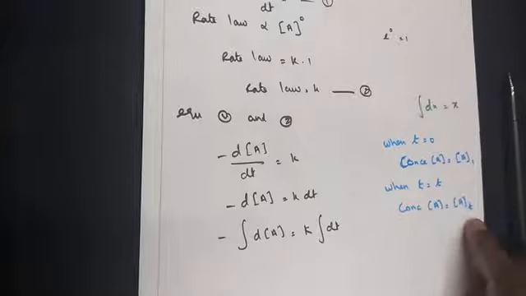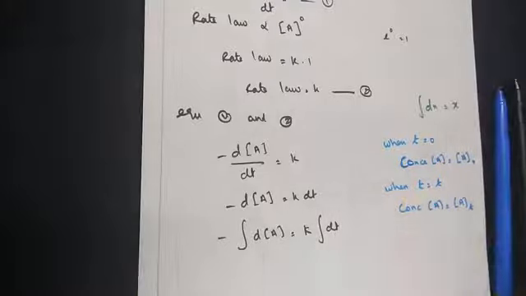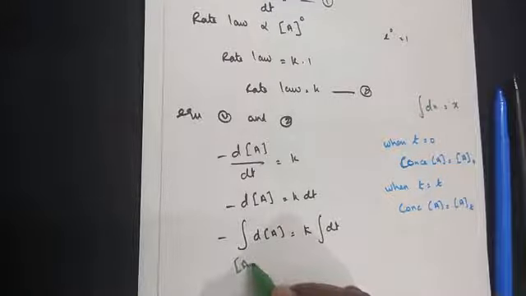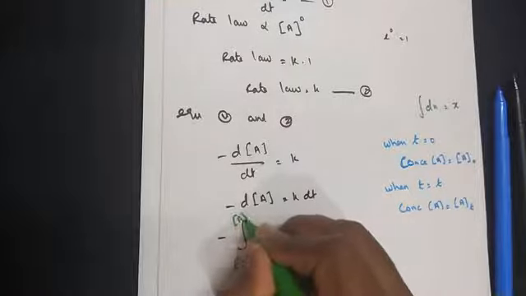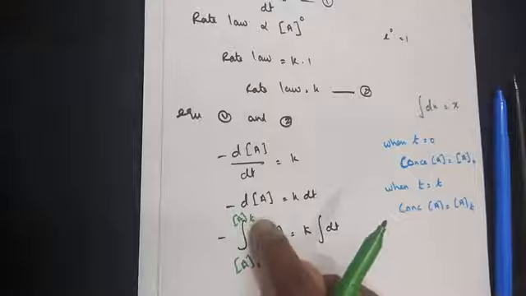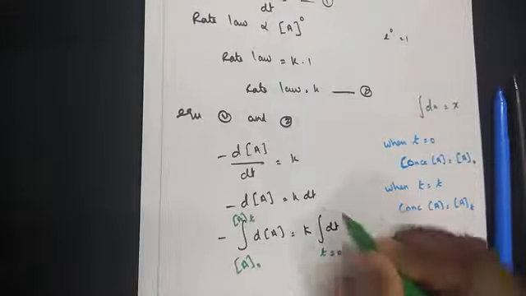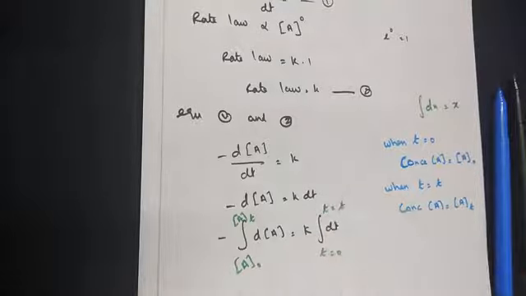Instead of writing At, you can also write it as only A. That does not make a big difference. Now substitute within the given limits. We take the initial concentration to be A naught and the concentration after some time to be At. Even if you write without writing t, it's the same answer, nothing wrong in it. So here t is equal to 0 and t is equal to t.